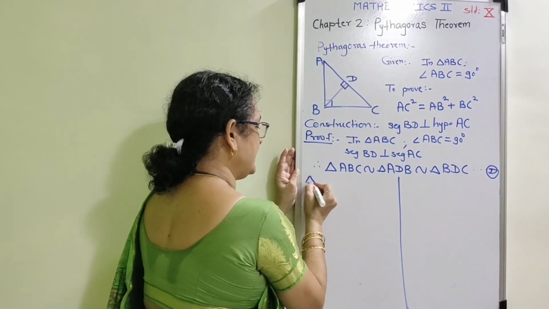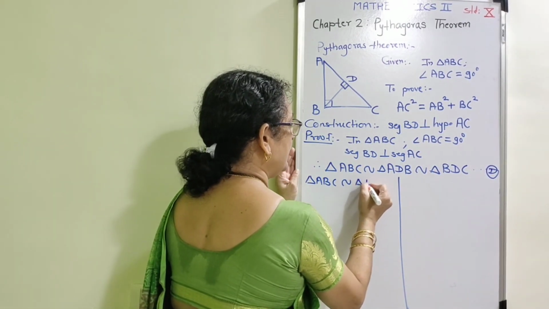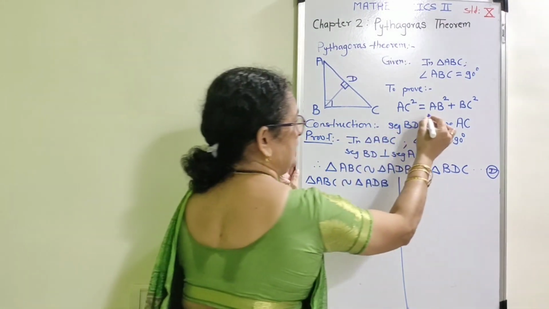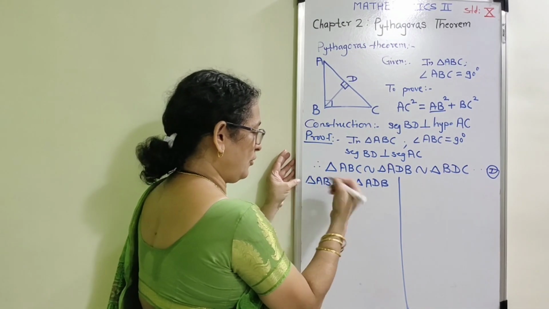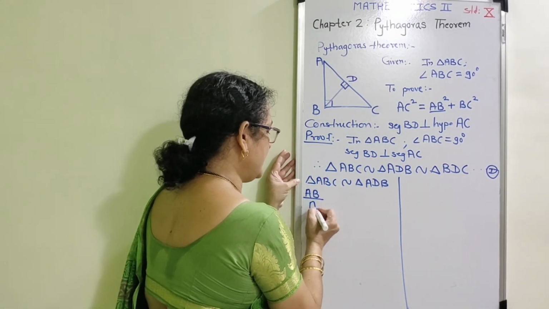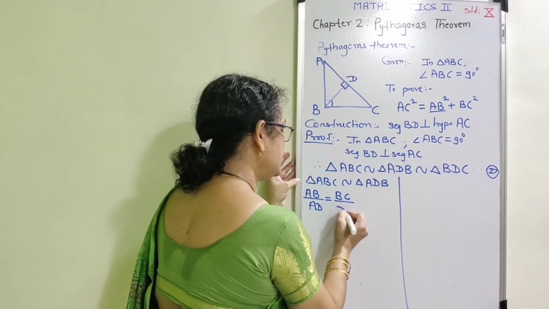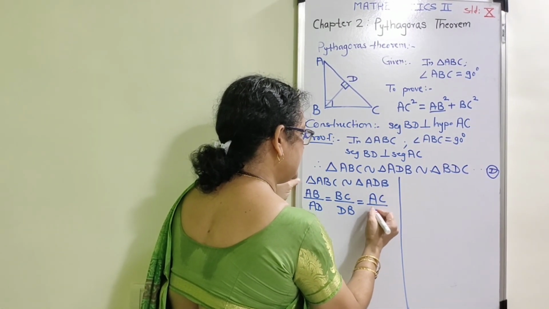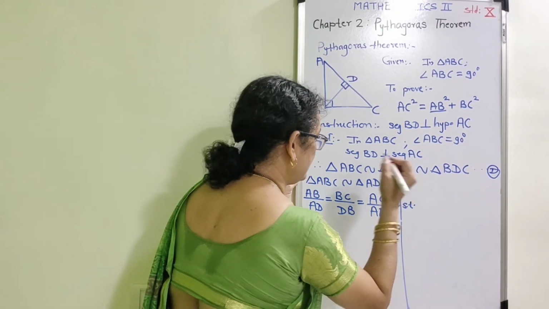From 1, I will get triangle ABC is similar to triangle ADB. Now, here I want AB square. First of all, write all the three pairs of sides. AB is to AD is equal to BC is to DB, that is equal to AC is to AB, corresponding sides of similar triangles.